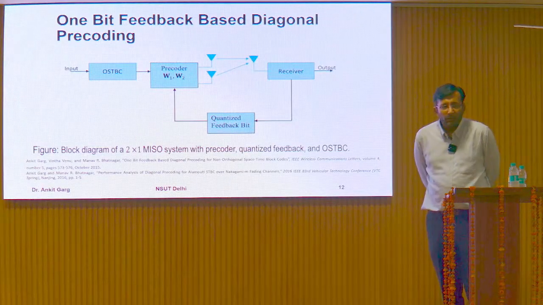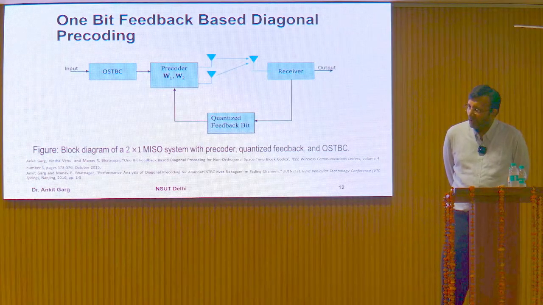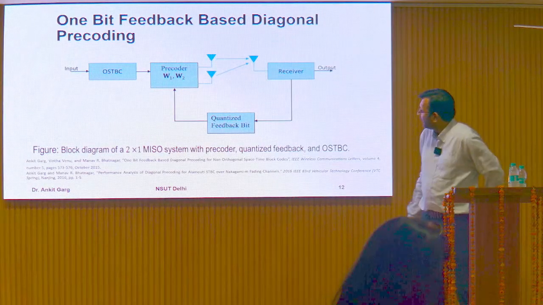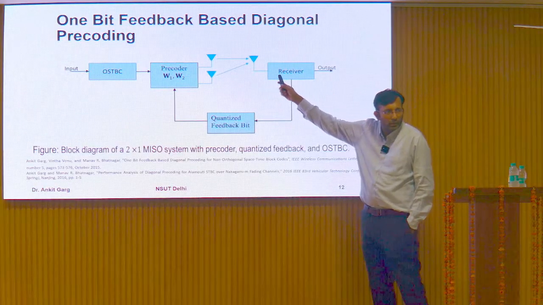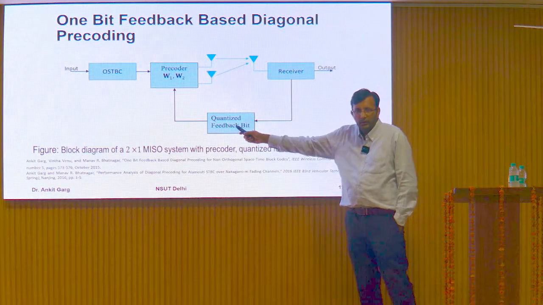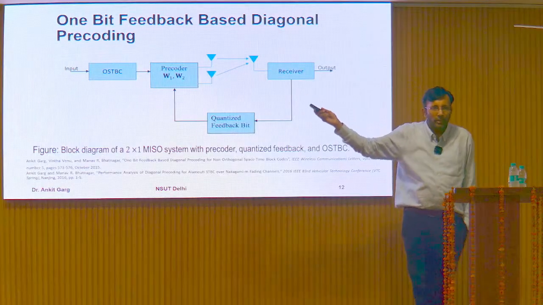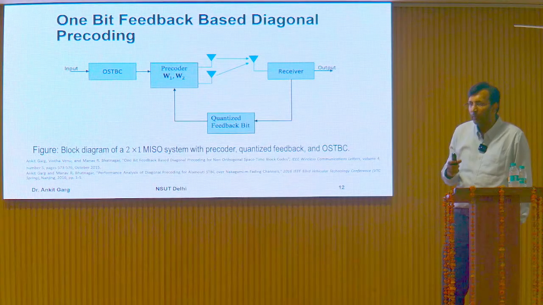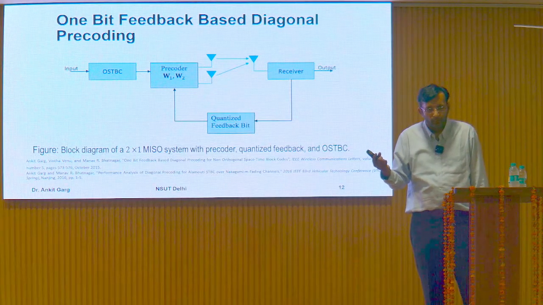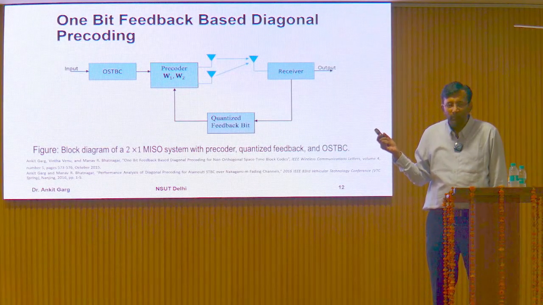This precoder would allocate the power to the antenna associated with higher channel gain. As I have told you, the receiver side estimates the channel information, right? Then quantizes it in the form of bits and feeds it back to the transmitter, where we choose the precoder accordingly. For example, if the feedback bit is 1, it means we need to choose W1, meaning H1 has the higher gain instead of H2.